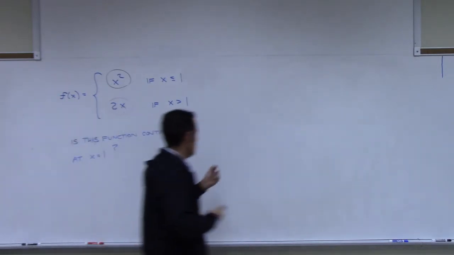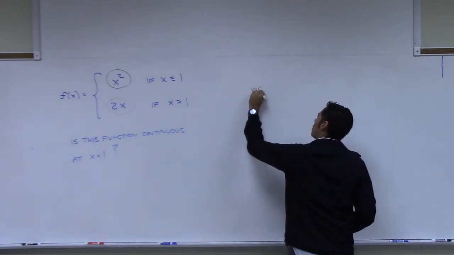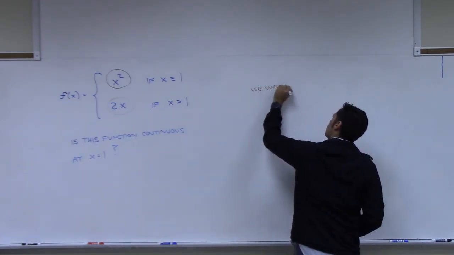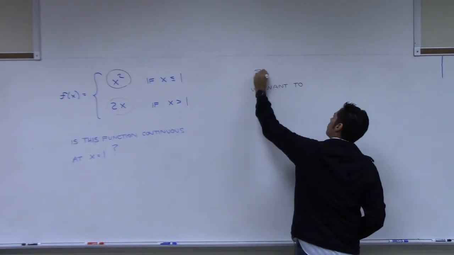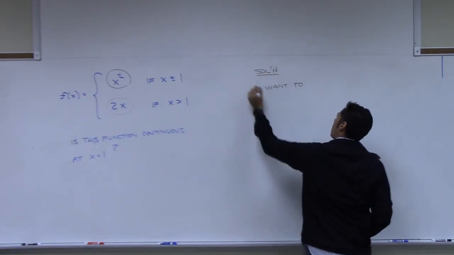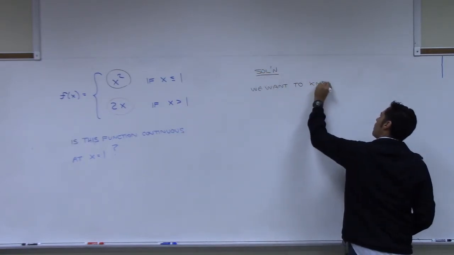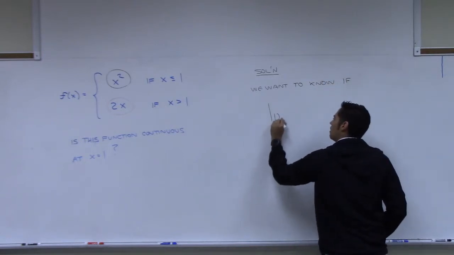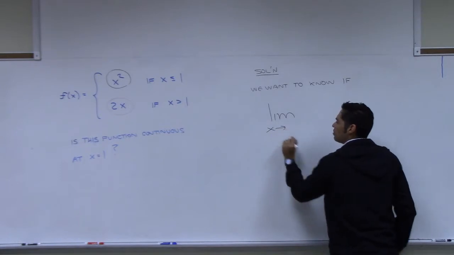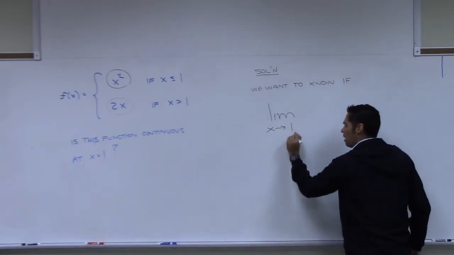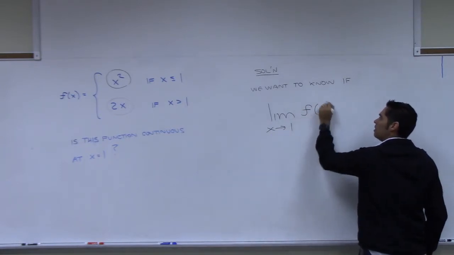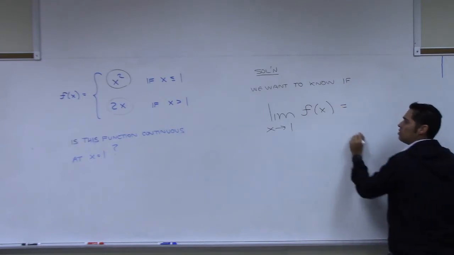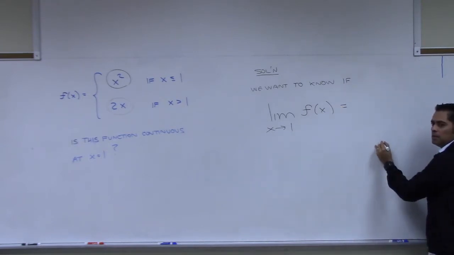That means that we want to know, this is our solution here, if the limit as x approaches 1 of the function is equal to what? f of 1.